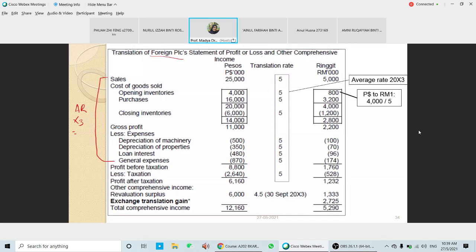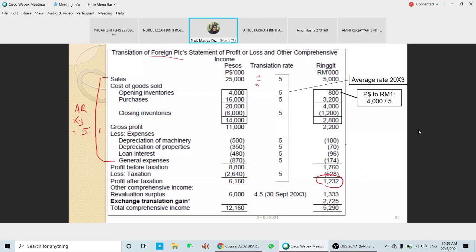So the rate here is 5 peso to 1 Malaysian ringgit. All of these items in your income statement need to be divided by 5 because you want to translate from peso to Malaysian ringgit. So 25 divided by 5, and for the rest the same thing, you're using the same rate. So you're going to have total profit after tax here of 1232.